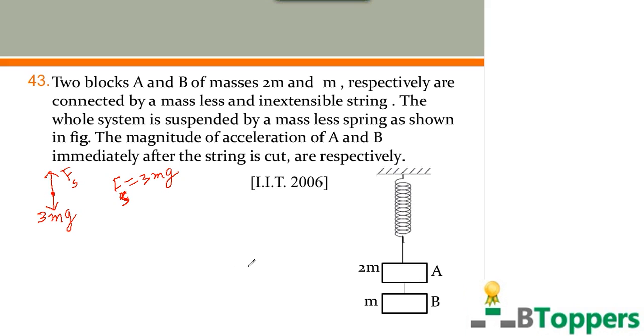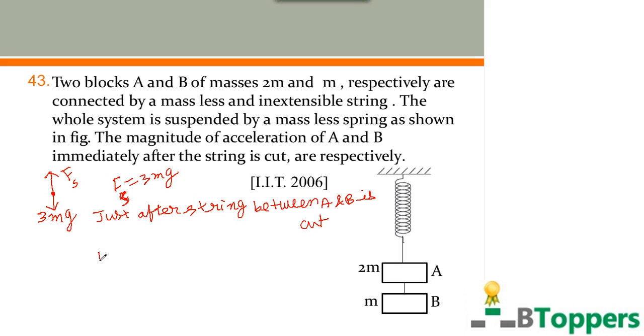So when the string between the two blocks A and B is cut, let's analyze the situation at the instant just after the string between A and B is cut.